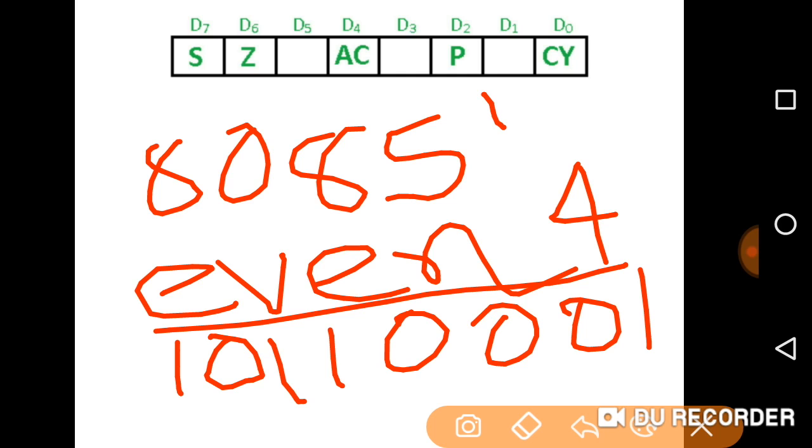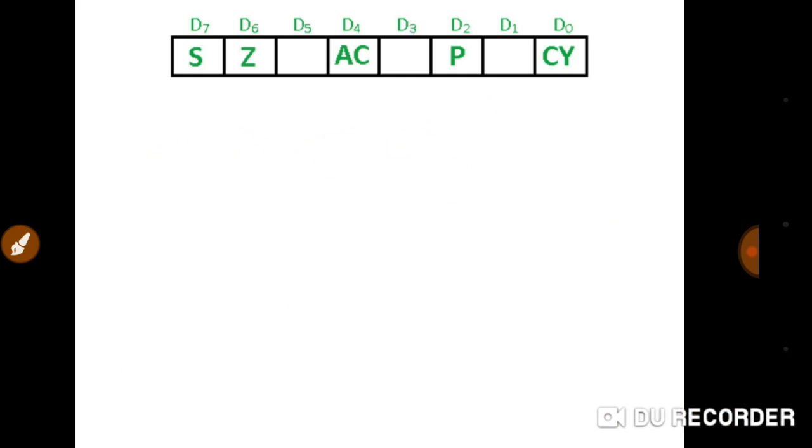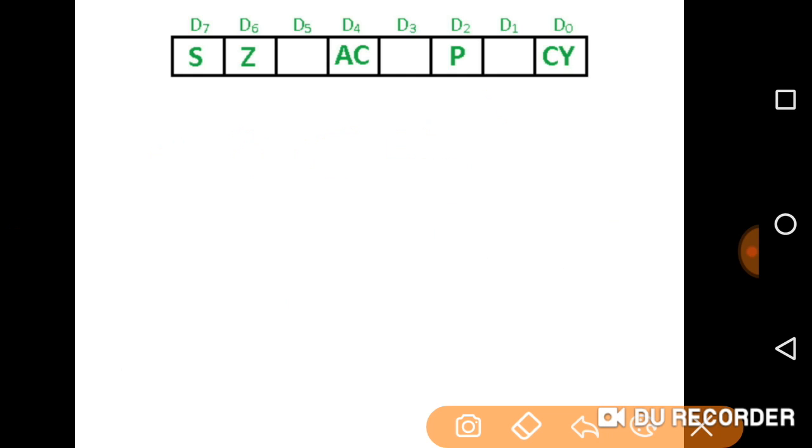If the number of 1s is odd, in that case the parity will be reset to 0. Now see the carry flag. After an addition operation, if a carry is generated, the carry flag will be set. If a borrow is generated, the carry flag will be set. If there is no carry and no borrow, the carry flag will be reset as 0.